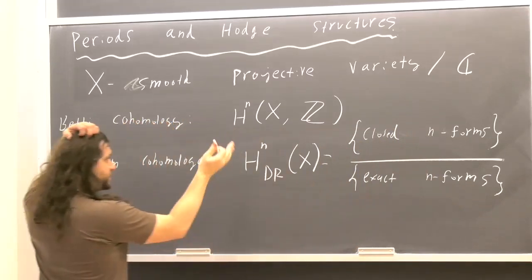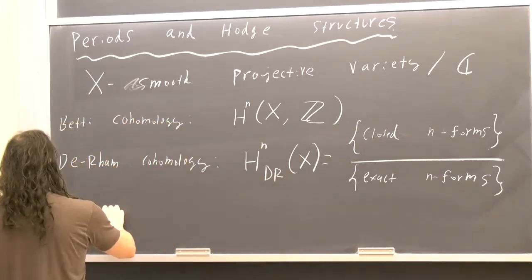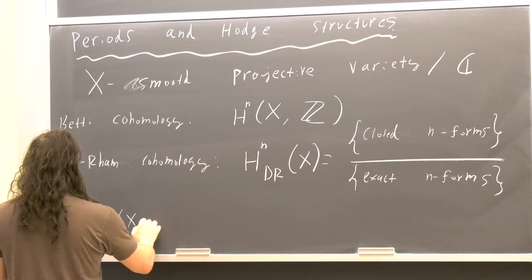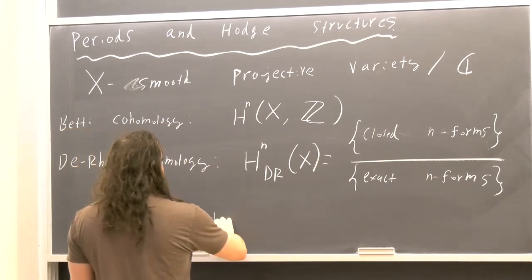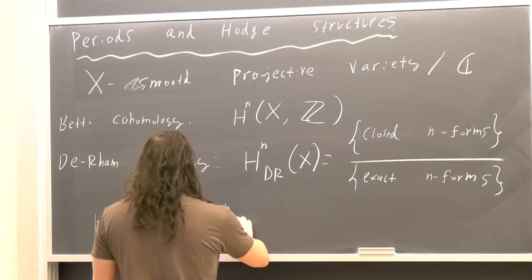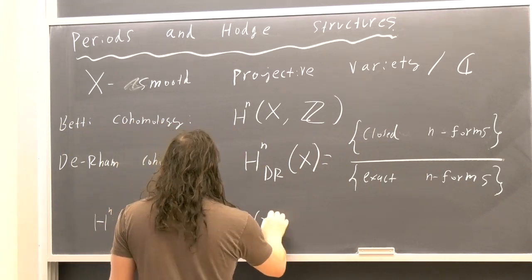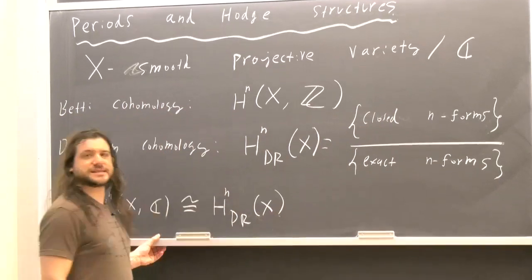And we have an isomorphism between these two. So if we look at H^n(X, C), this is naturally isomorphic to H^n_dR(X).